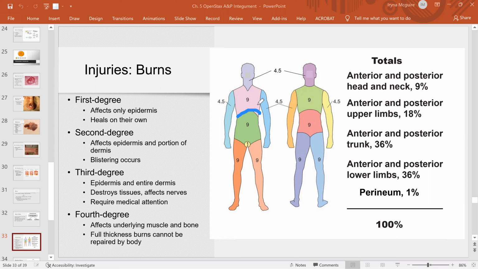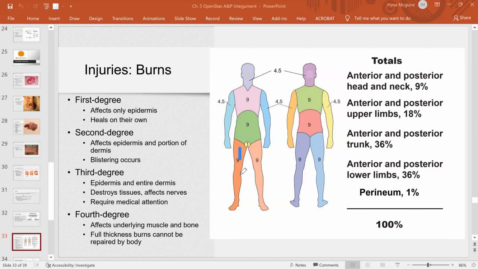So here's your trunk, anterior surface of your trunk is 9% of your body surface. Posterior part of the trunk is also 9%. Anterior part of abdomen is 9%. Posterior part, back, that's 9%.